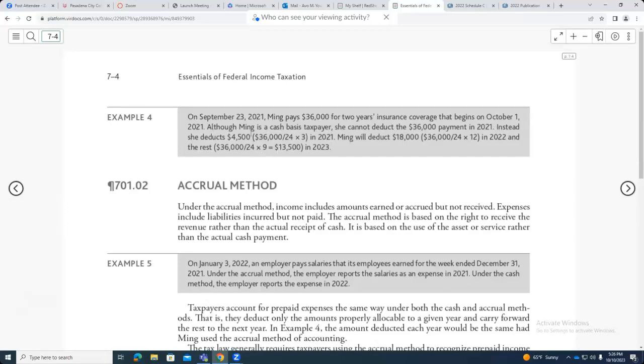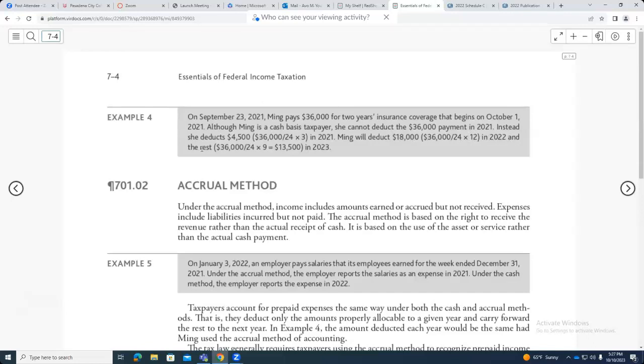Instead, she deducts 36,000 divided by 24, multiplied by 3 months, and that will be insurance expense for 2021. Min will deduct 18,000, which is the remaining 36,000 divided by 24, which is 1,500, 1,500 times 12, that's 18,000 in 2022.